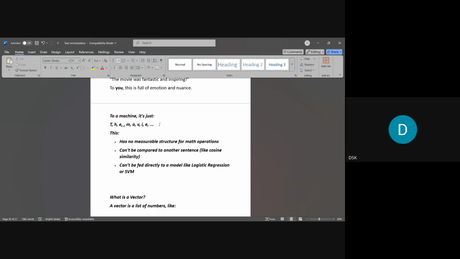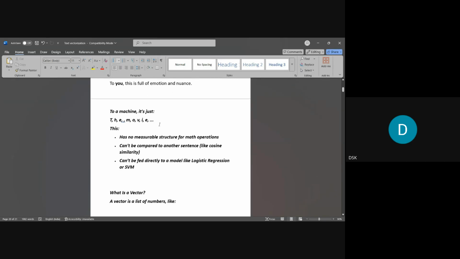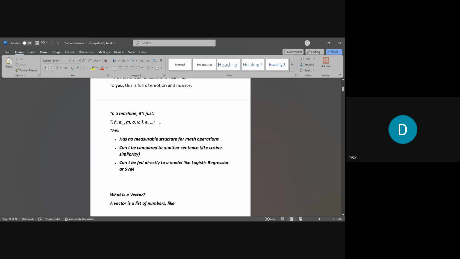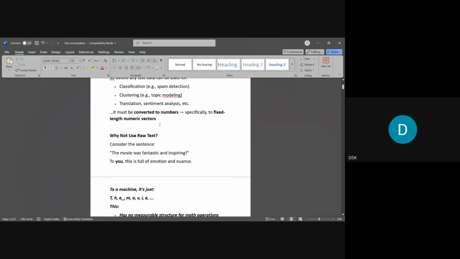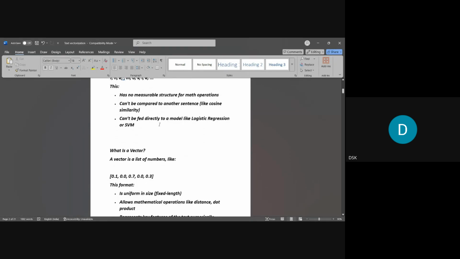It cannot be compared to another sentence using cosine similarity, and it also cannot be fed directly to a model like logistic regression or SVM. So the basic agenda is to convert the sentences into a binary form and fixed length numeric vectors so that the machine can understand what the sentence is about.